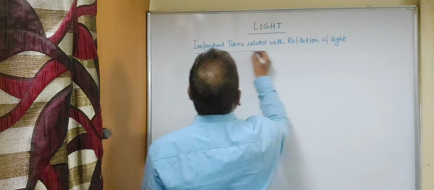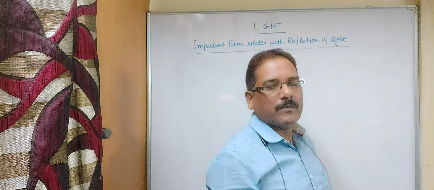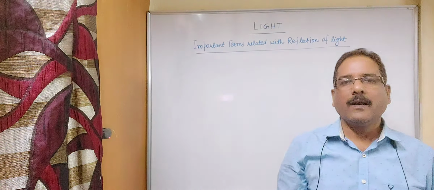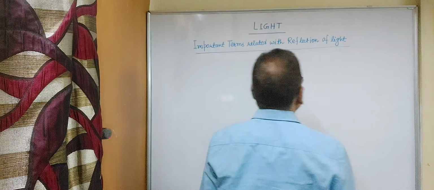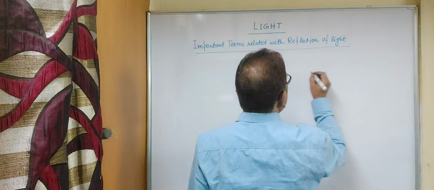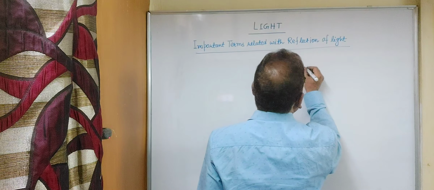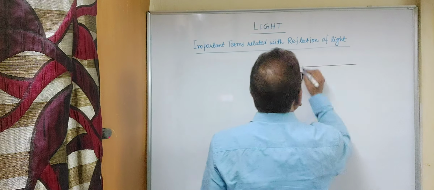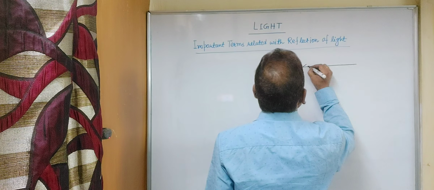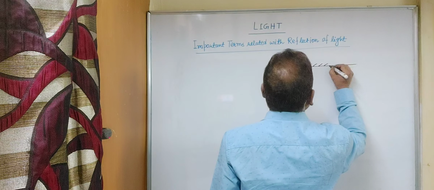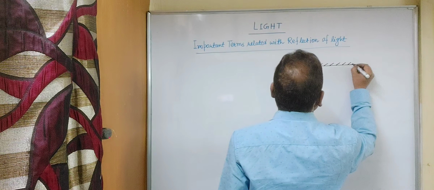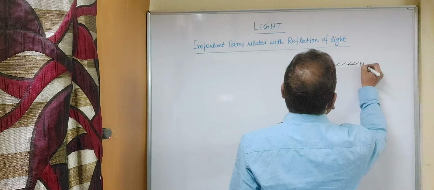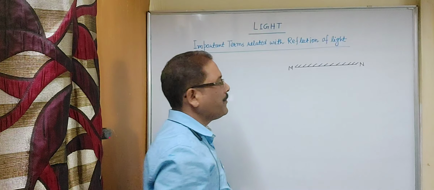Now we will discuss the important terms. So first draw a diagram. Suppose there is a plane mirror. Let MN be a plane mirror.